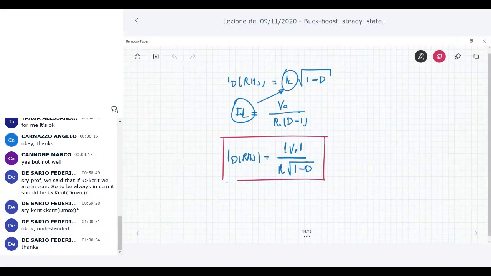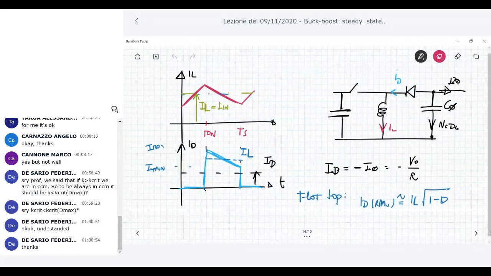Now, the maximum reverse voltage across the diode. When the diode is off and the switch is on, the voltage across the diode is V in minus V naught. Since V naught is negative, it means that this voltage is positive.